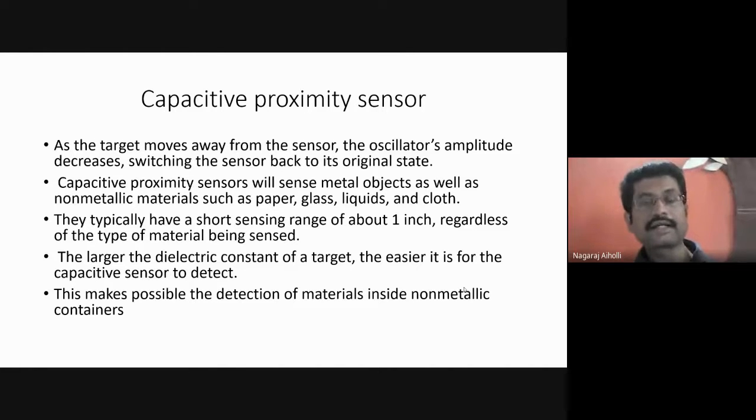If the dielectric constant is more, we know the equation for the capacitance in terms of the area of the capacitor plates, the distance between the capacitor plates, and the dielectric constant.